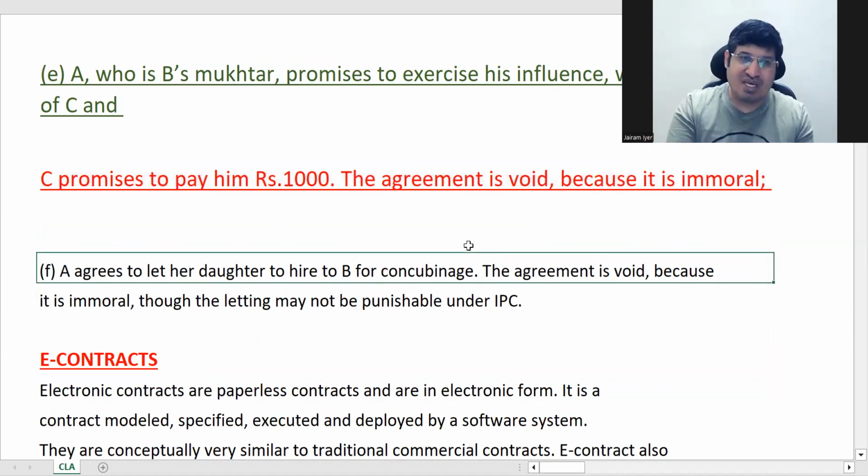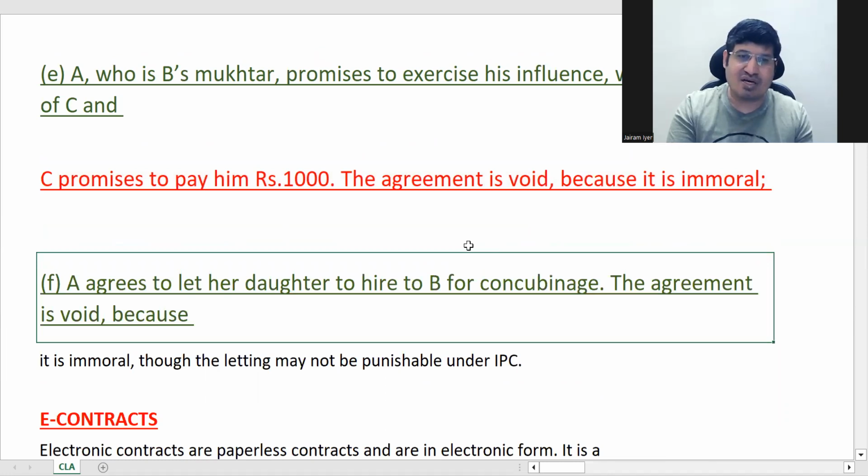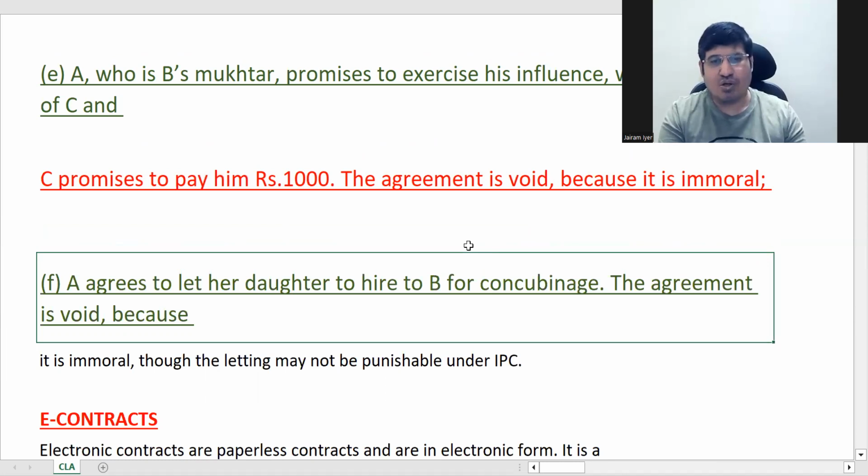Last is: A agrees to let her daughter to hire to B for concubinage. Concubinage is where two adults stay together illegally, that kind of thing.